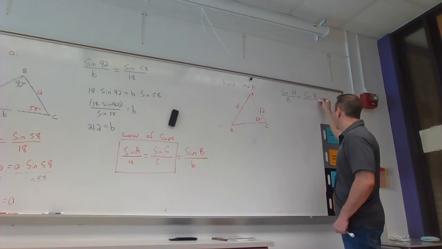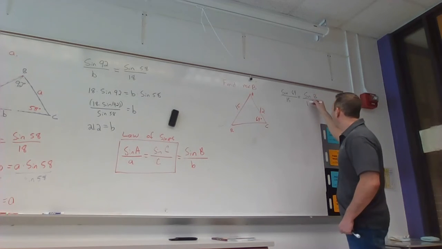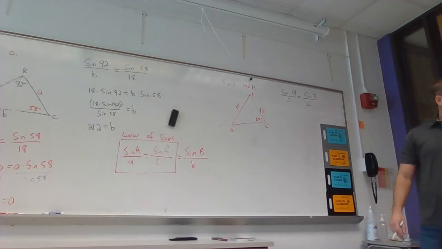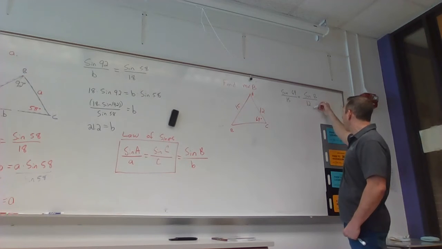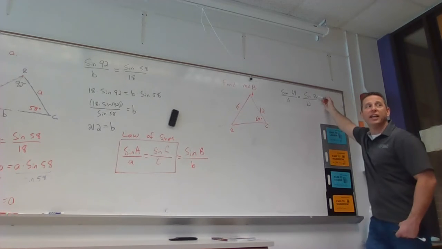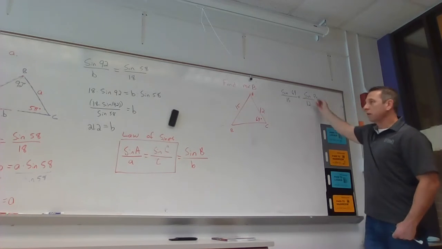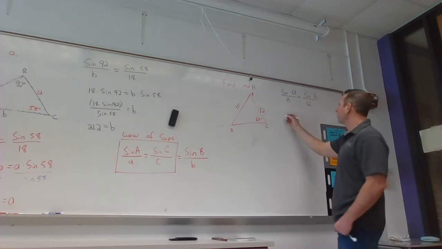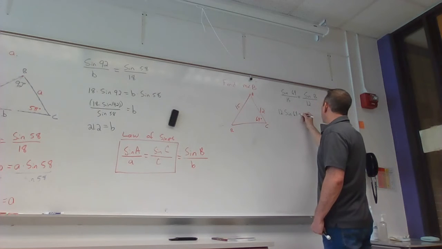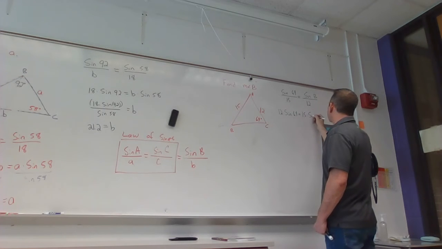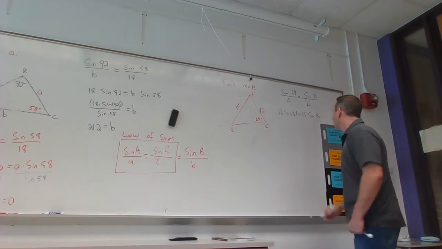This is what we're trying to find now. So there's our proportion. That's the law of sines: sine of the angle over the opposite side. This is our unknown. We're now finding an angle measure. So proportion, cross multiply: 12 times sine 64 equals 15 times sine B.